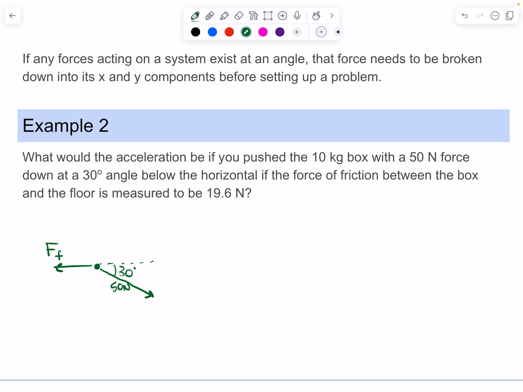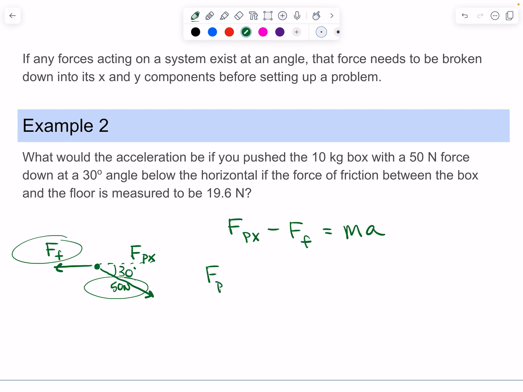So I can't just use this force and this force in the same equation because they're not on the same plane. But what I can use is the x component of that force. So I'm going to say the x component of that push force is in the direction of motion, friction is opposing motion, is equal to ma.